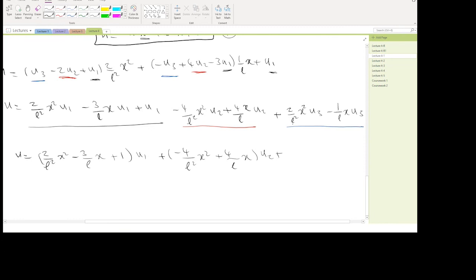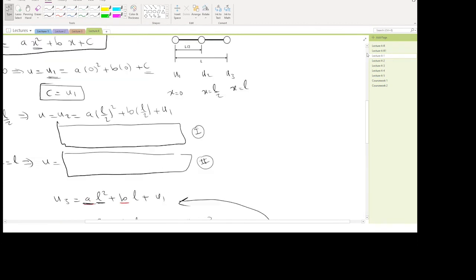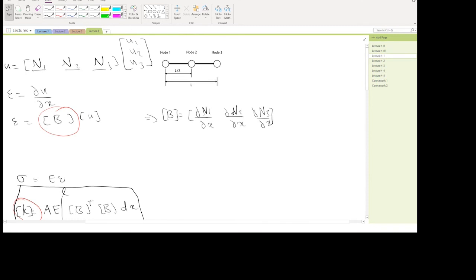And then I have 2 over L squared X squared minus 1 over L X multiplied by U3. So you remember the expression we have for the shape functions and the relation with the displacement is this one here. So this is what we are looking for.